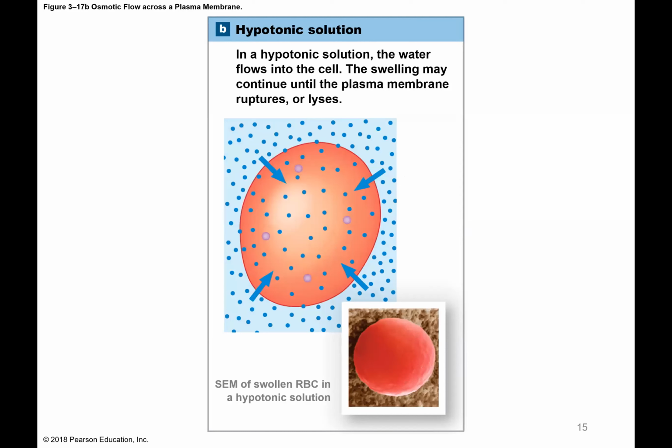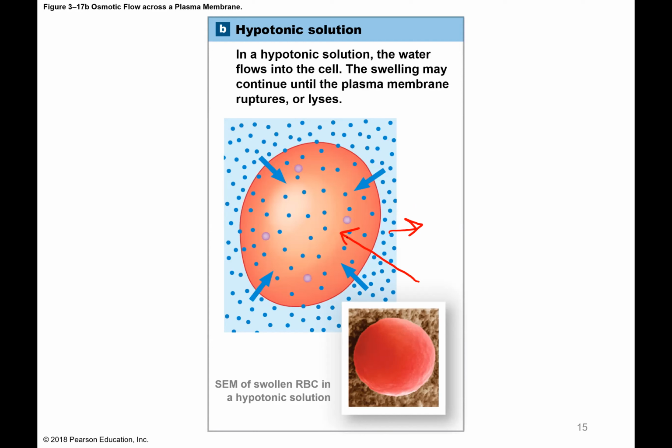If we put that red blood cell in a hypotonic solution, which means that the concentration of solutes is lower on the outside, you end up with water flowing inside trying to reach equilibrium.